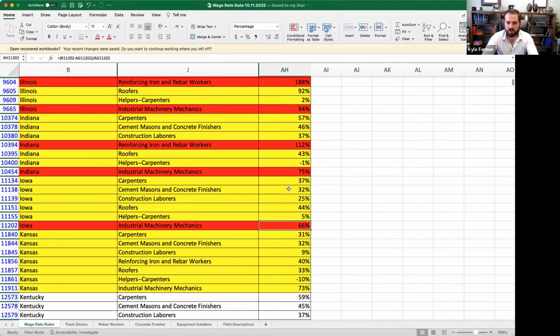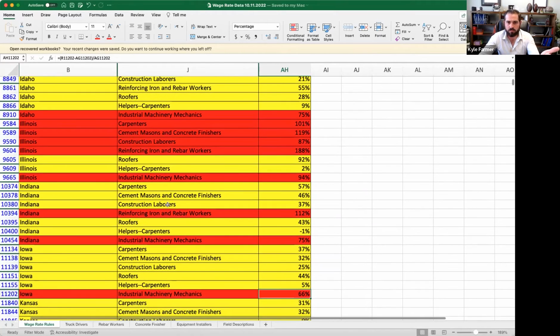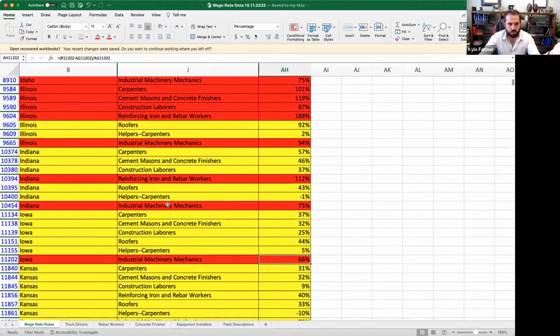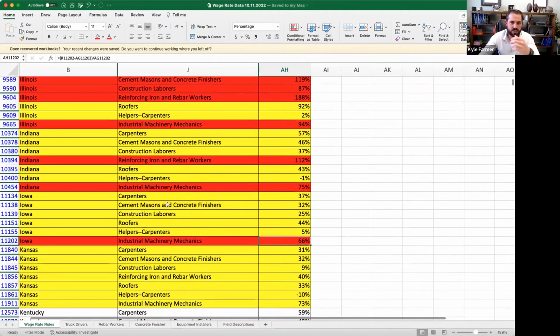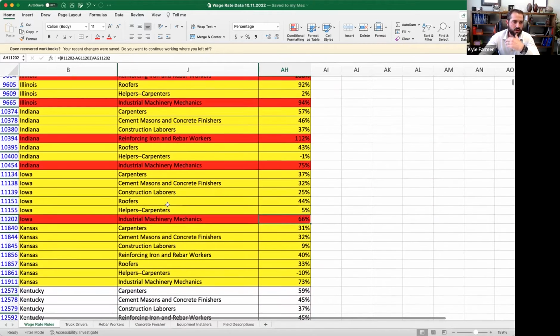And then look at this, equipment installation, 66%. But that's significantly less than the state of Illinois. What's going to end up happening is the actual cost of production of livestock in these states is going to vary tremendously based off of the wage rates to actually build the confinements. So we'll probably see a lot more people building in Iowa.